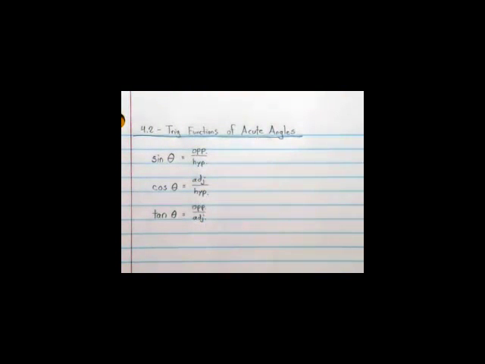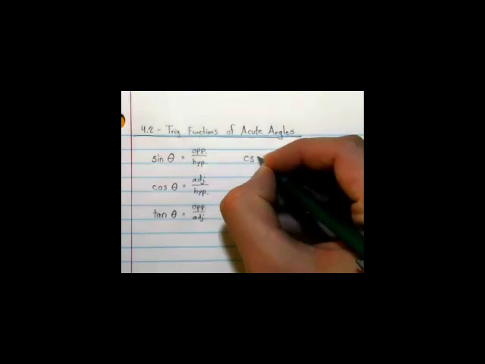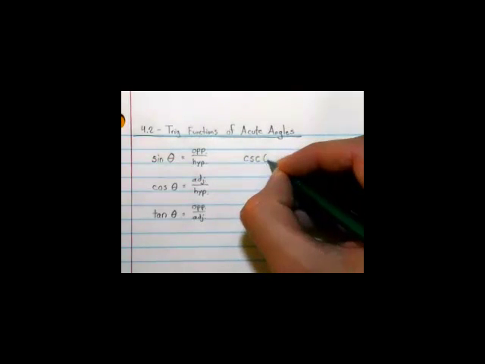And then we have these other three that are called the reciprocal trig functions. What's a reciprocal? Yeah, so they take each one of these little fractions and they flip them, okay? So we have cosecant, which the abbreviation is CSC.